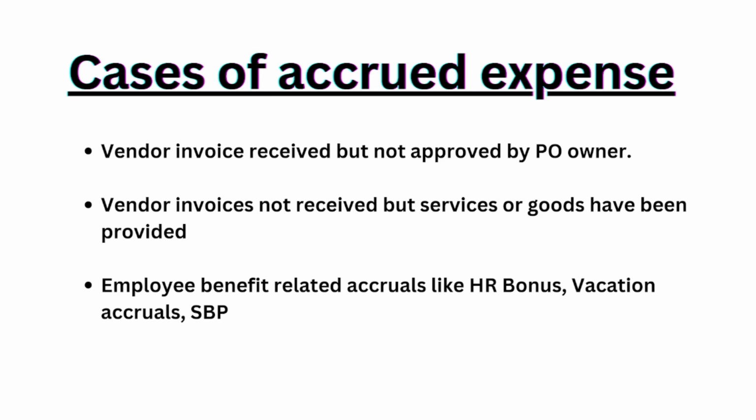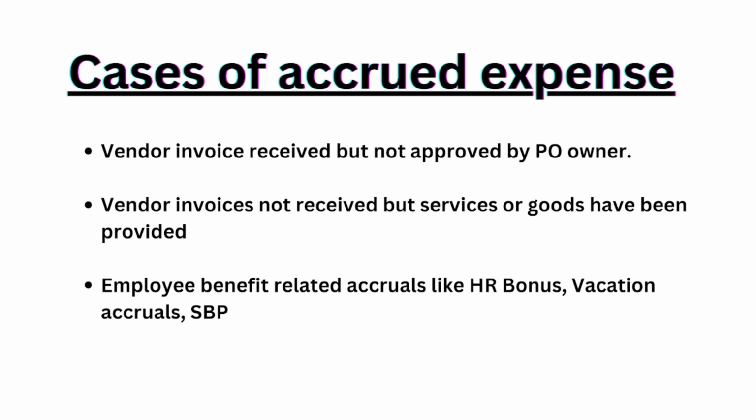So we will move on to cases of accrued expense. Vendor invoice received but not approved by PO. So in that case, we have to book accrual for that month pending approval from the PO owner.